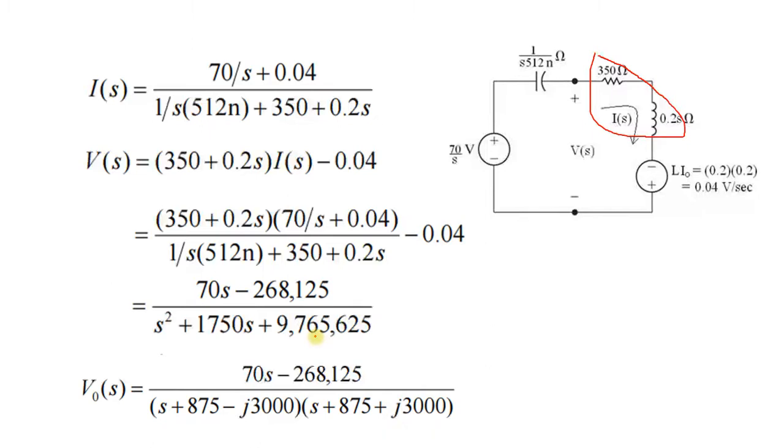So for this quadratic equation, I rewrite this equation like this: S plus 875 minus j 3000 into S plus 875 plus j 3000. Use the calculator in order to find the roots, or otherwise use the formula minus b plus or minus square root of b square minus 4ac divided by 2a. So use any one of the methods to find out the roots.